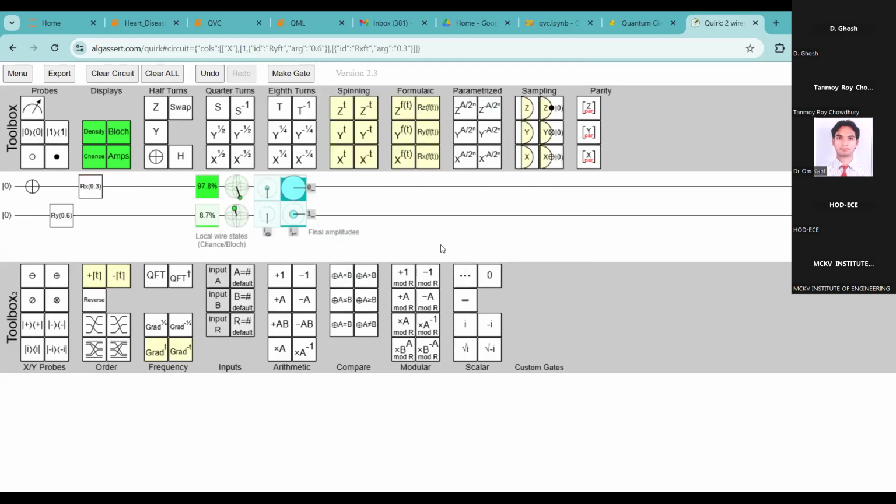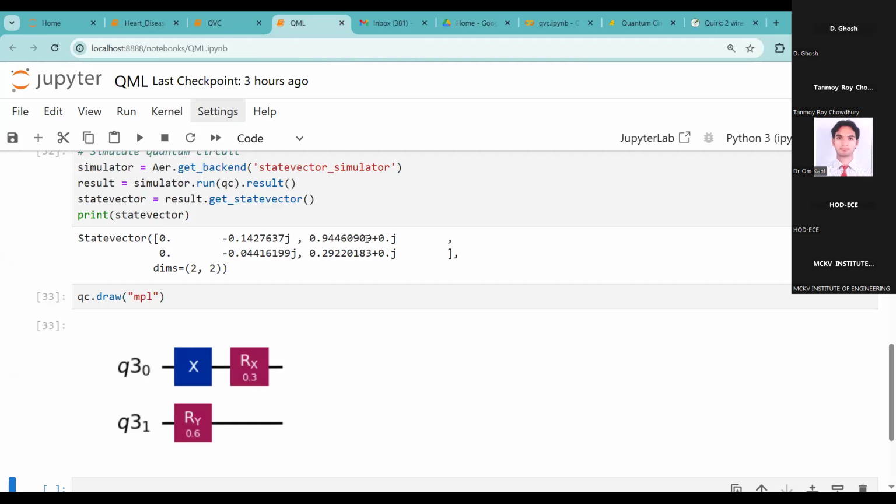Now look at this. These are the four states. Please look at this. 0, 1. What is the value? The value is 0.94461 plus 0i. Look at this, 0.94461 around, and this 0i.